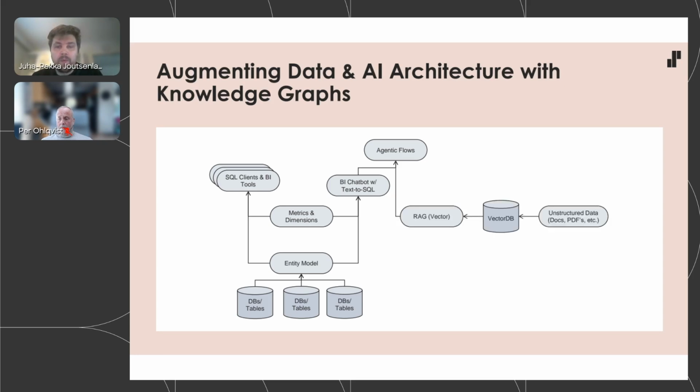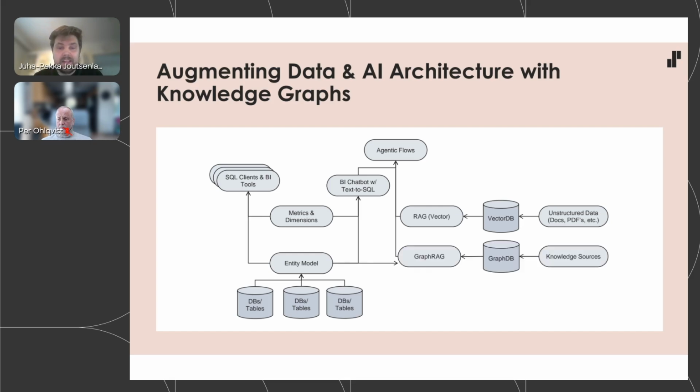Well, first of all, we have a lot of unstructured data we need access to. And this is where the traditional RAGs, the vector database, come into the picture. So we can bring in these unstructured documents into the scope for the AI. But this alone is still not enough.